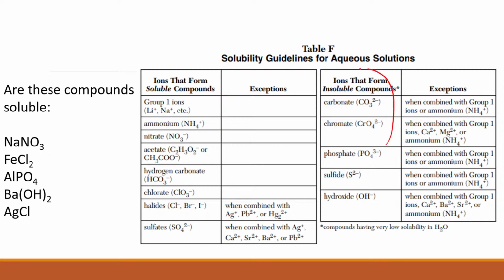We want to find Na or NO3, or both, on the first or third column, the starting columns of Table F. Na is here, and NO3 is here. They just so happen to both be on Table F. That's not always true. There will be at least one piece of the compound on Table F. It does not have to have both of them.